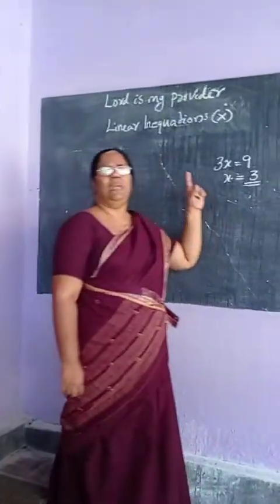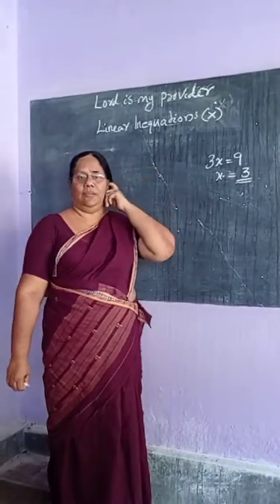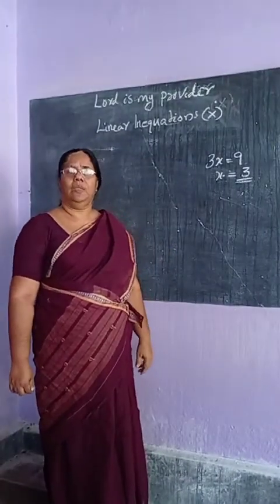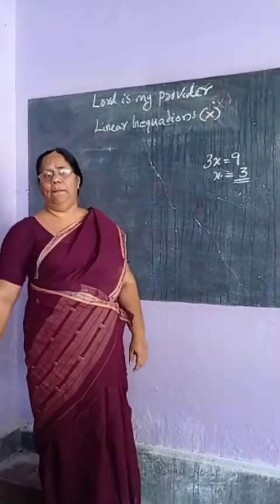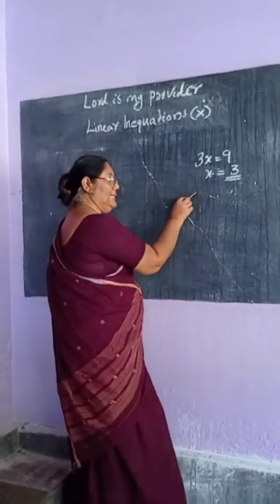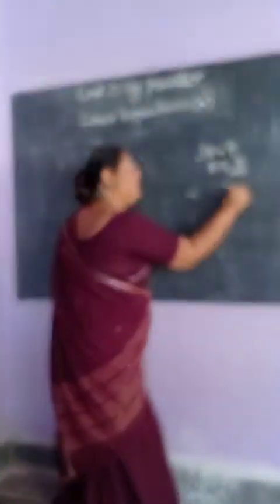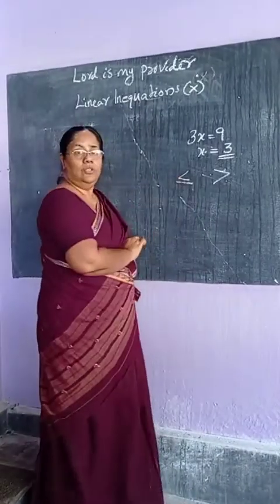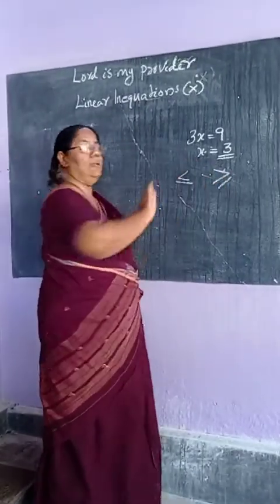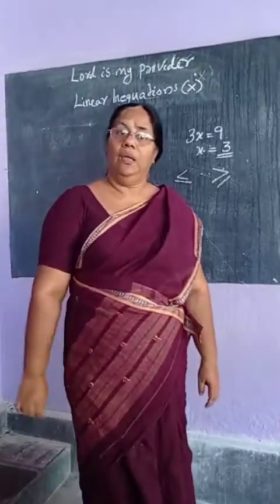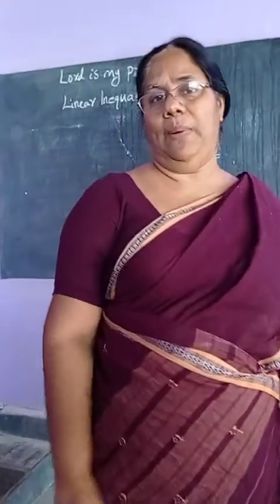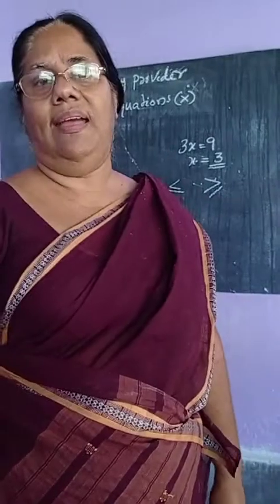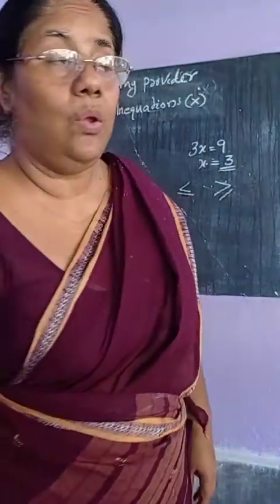Now, what's the meaning of an inequation? When we use the symbols less than, or greater than, or less than or equal to, or greater than or equal to, then we can say that that is an inequation.